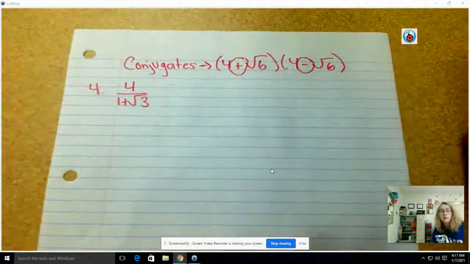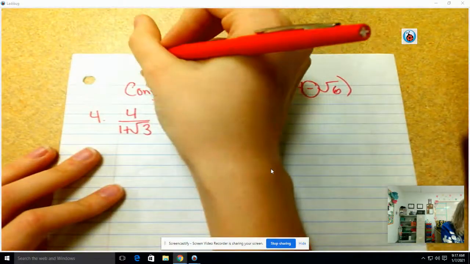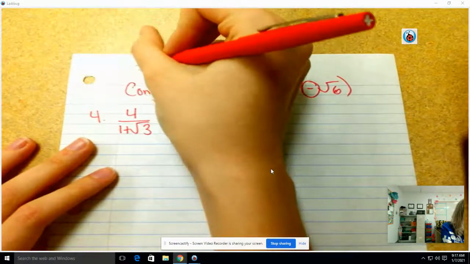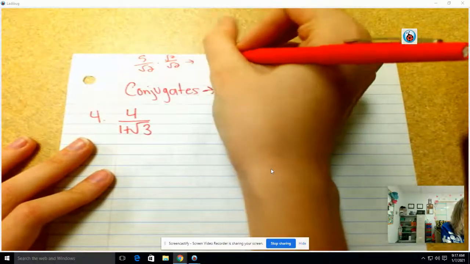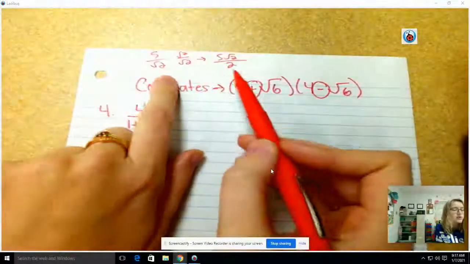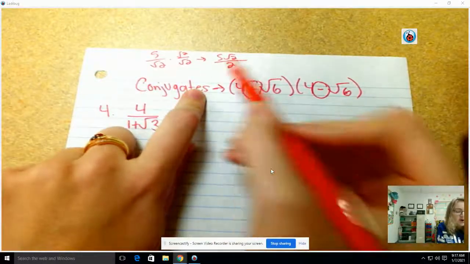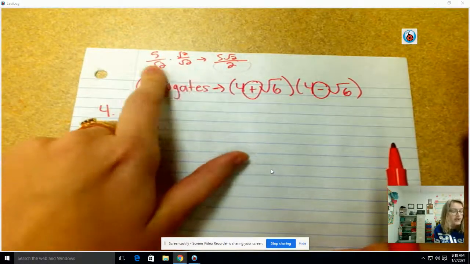We would just multiply by radical 2, and that would give us 5 radical 2 over 2, and we'd be done. Because what we're trying to do is get a whole number, or real number, on the bottom. We were able to do that by multiplying by the denominator on both the top and the bottom.